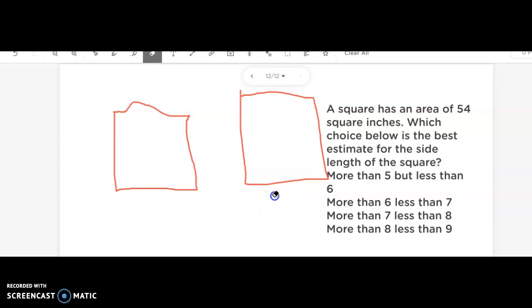Okay. B says more than 6 less than 7. Well, that's 6 by 6 and then 7 by 7. This will be 49 and this will be 36. No, because this square has an area of 54.